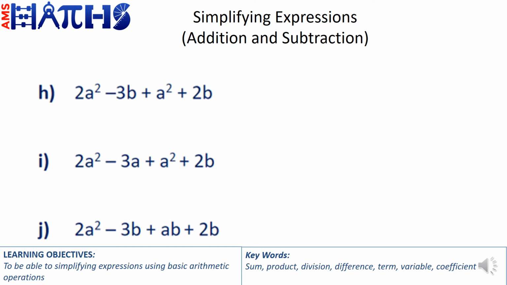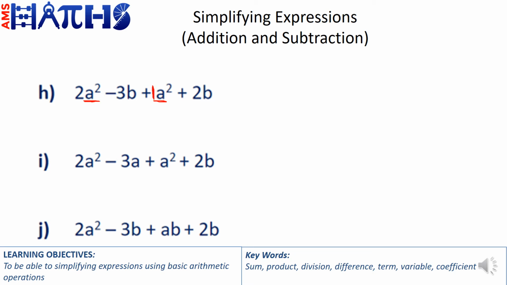Let's look at these examples where we have powers in our terms. Now, in the first one, we have a squared, and there's another a squared on this side. Now, we have 1a squared here.